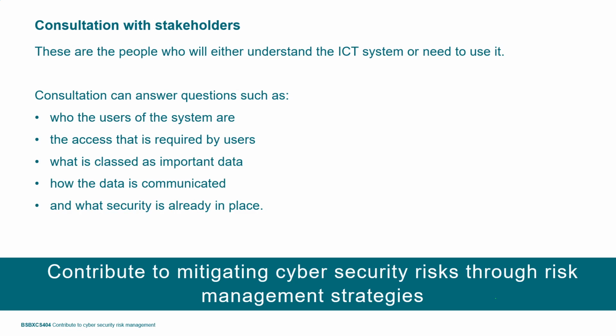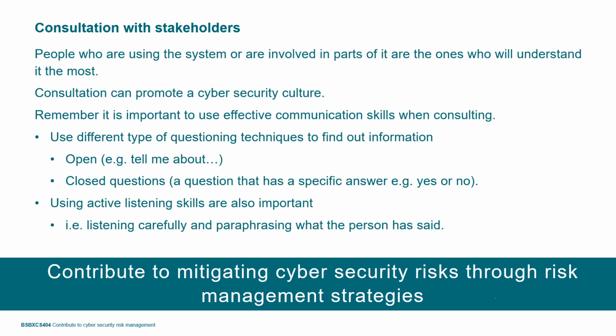So we need to answer who the users are, what access they require, what information is critical, how that information is communicated, and what security is already in place to protect that information. Because we need to know where we are so we can put in potentially new policies and procedures.